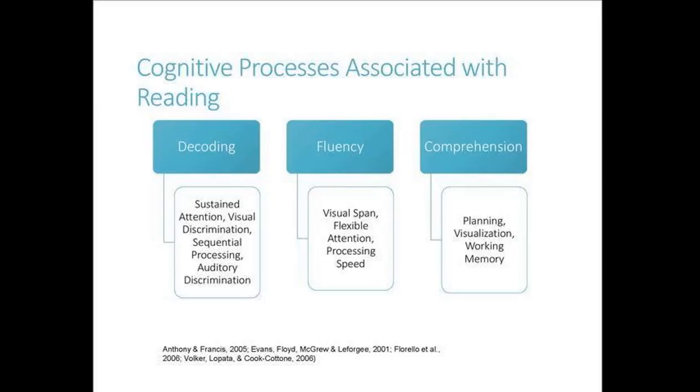Tara has asked a great question that I will answer along the way. She asked, how much does maturity play a role in students' abilities? And in general, all of these skills that we're talking about develop as we get older. They get stronger. Some of the basic, really foundational cognitive skills tend to develop earlier.